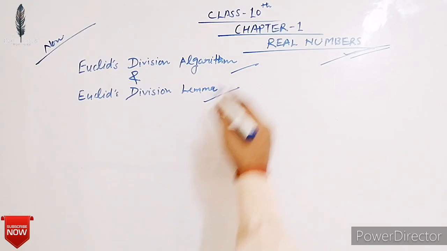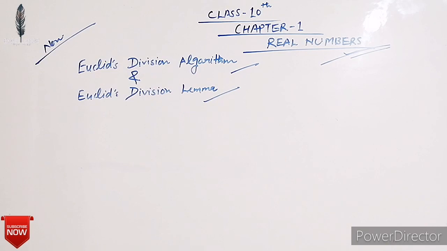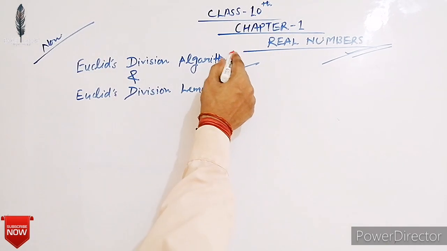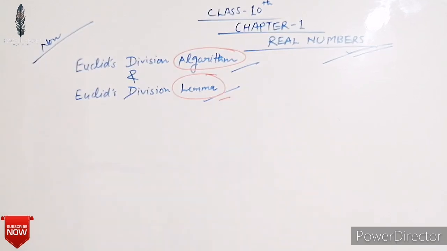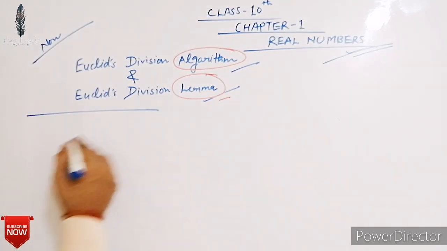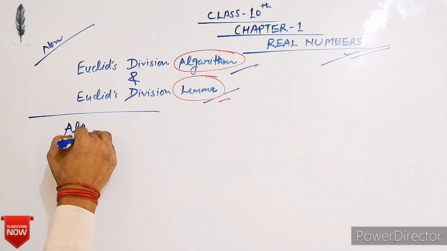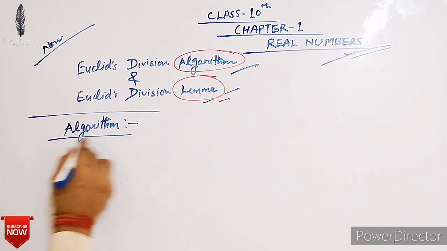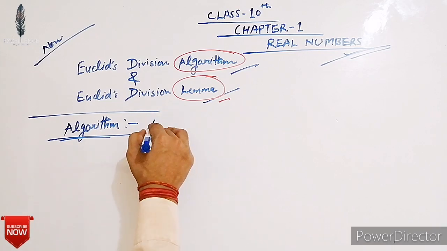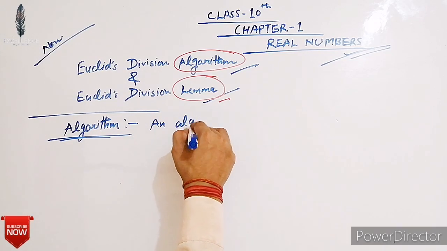Okay students, so first of all, to clear this concept of Euclid's division algorithm and Euclid's division lemma, it is very important to know the difference between algorithm and lemma. So what is an algorithm?